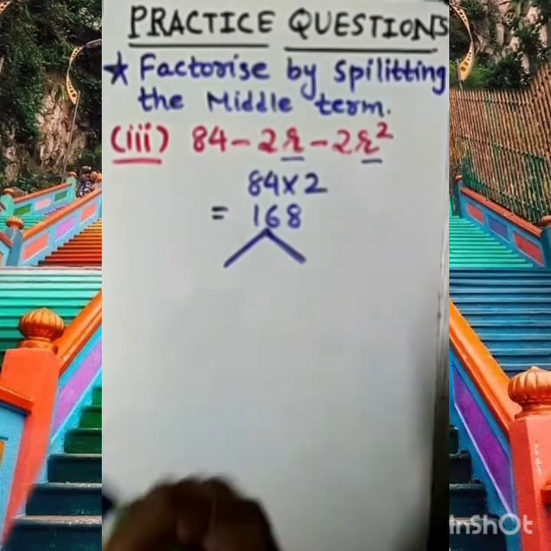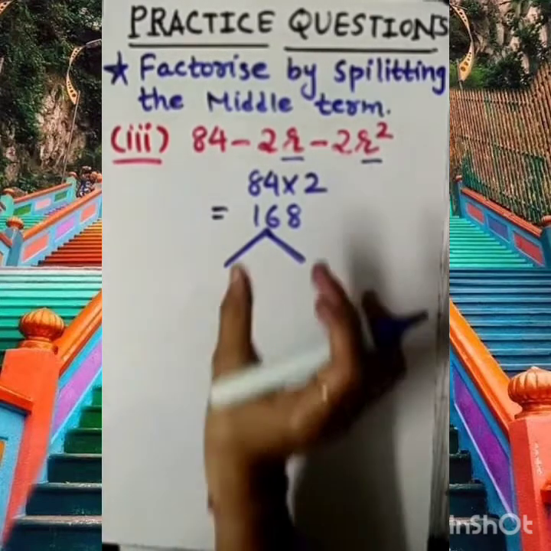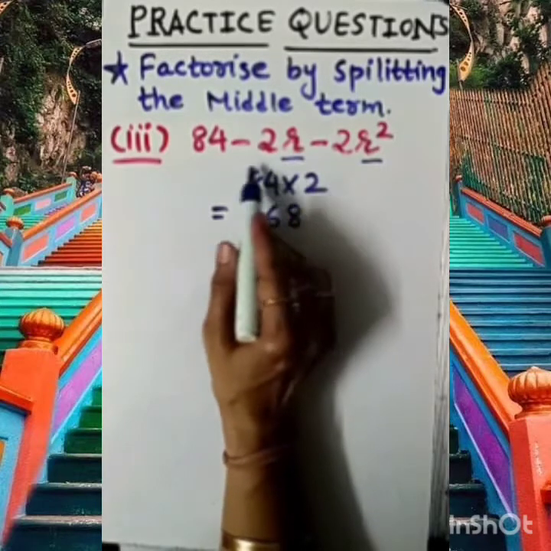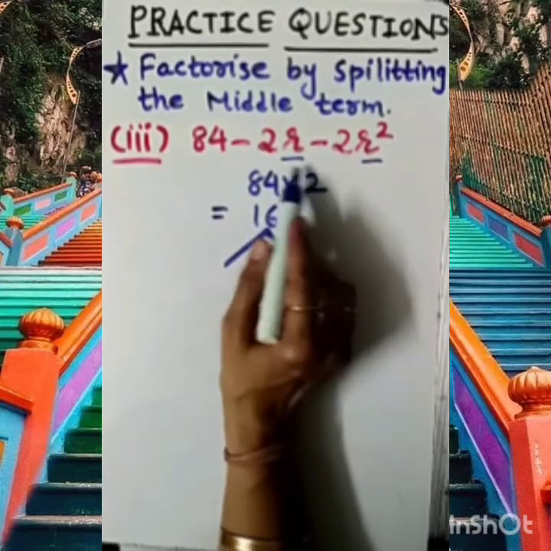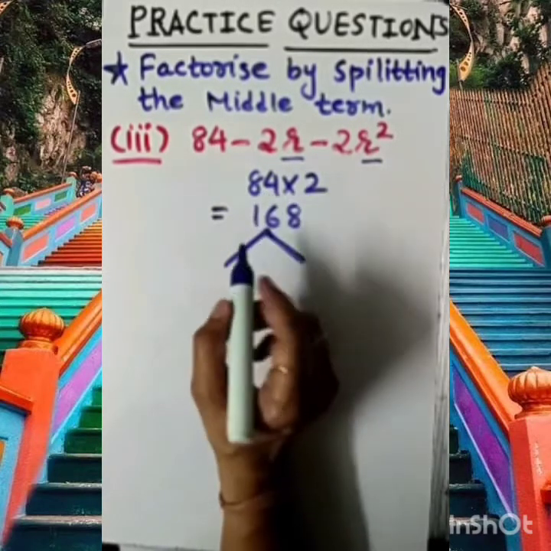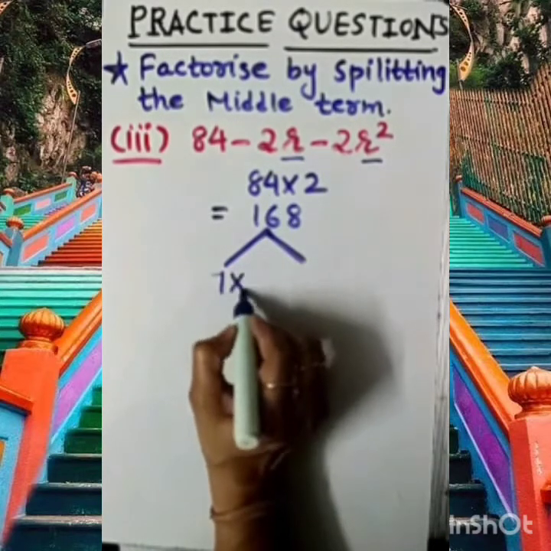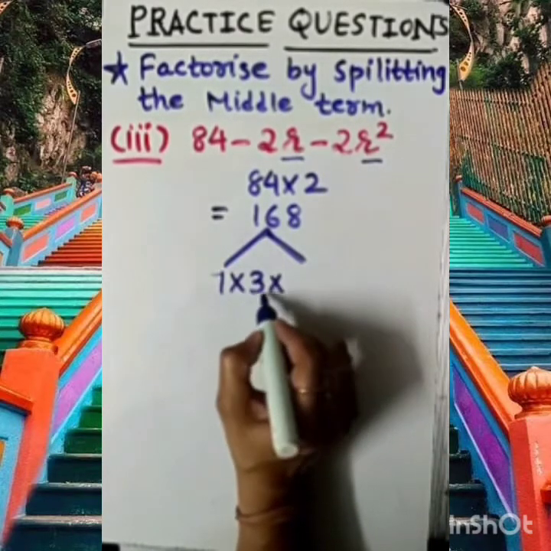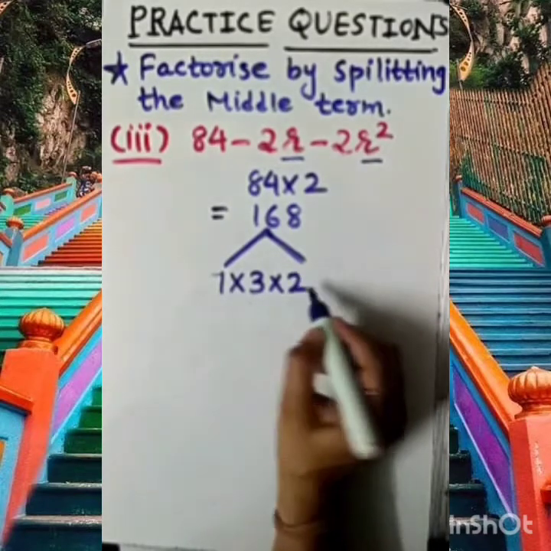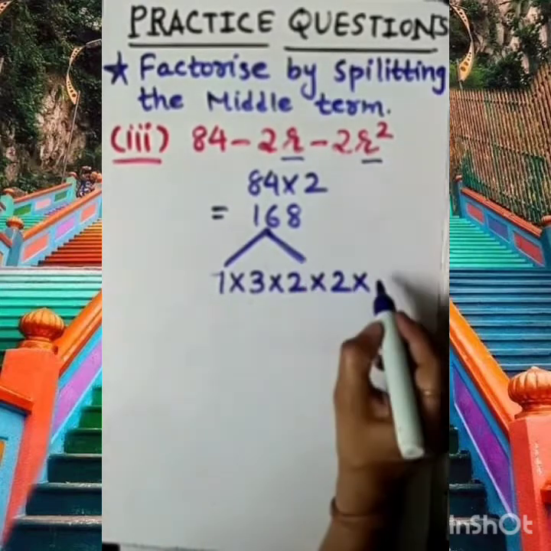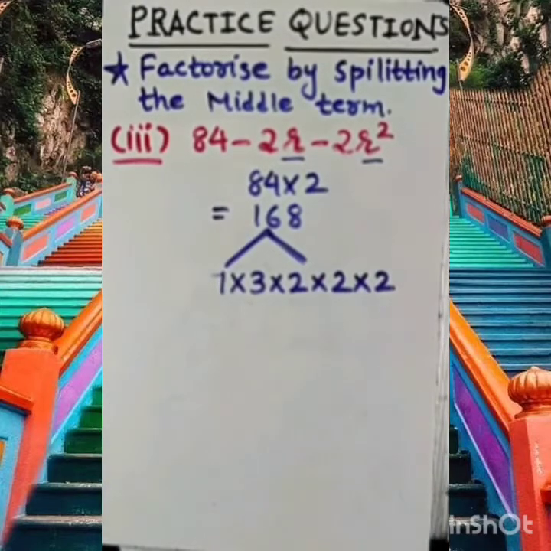So how to work out upon that? How to simplify? So simple, I should say, try to get all the factors of 84 into 2. As we know, 84 can be written as 7 3s are 21, 21 2s are 42, 42 2s are 84, and 84 into 2.